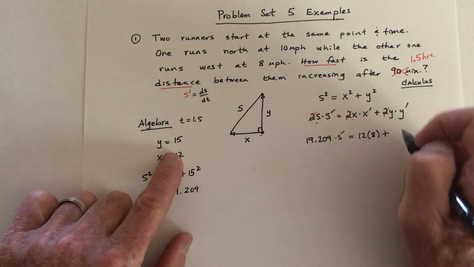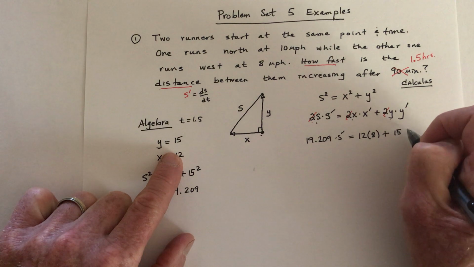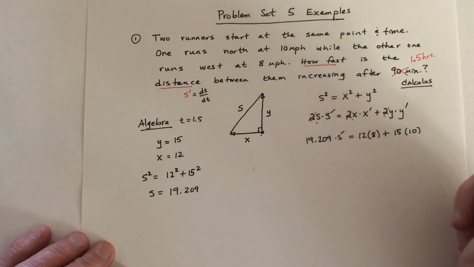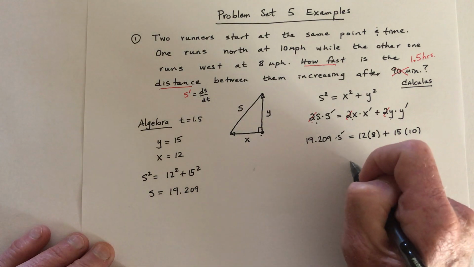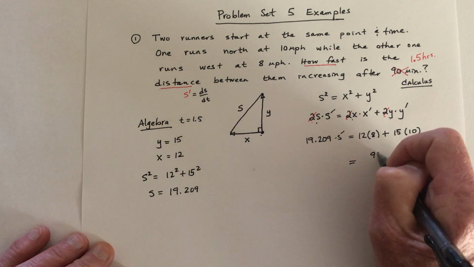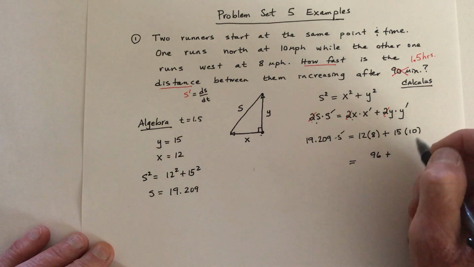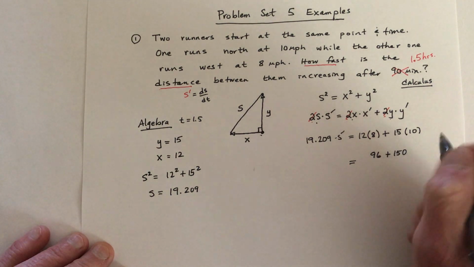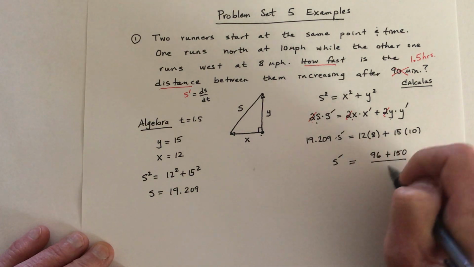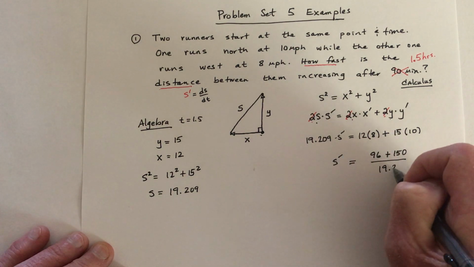Plus the y is 15. And the y prime is 10. So then this is going to be, let's see, 12 times 8 is 96. 15 times 10 is 150. And then to solve for s prime, just divide both sides by 19.209.